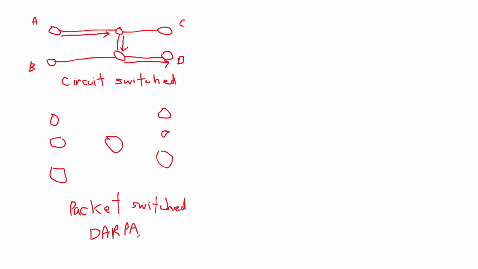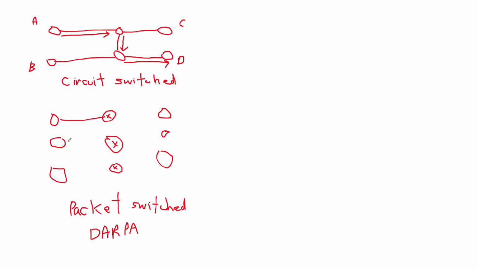Its goal was to create a resilient network in which circuits will not be tied up, and if I lost major portions of the network, I would still be able to do business. I would still be able to communicate. So on a packet switch network, I might have these devices in between all of my computers, or end devices, called routers.